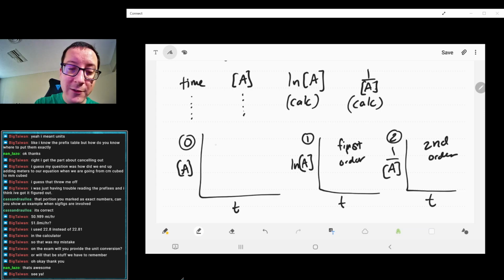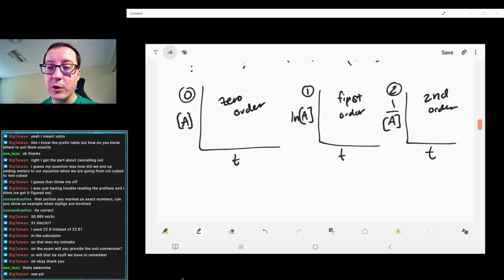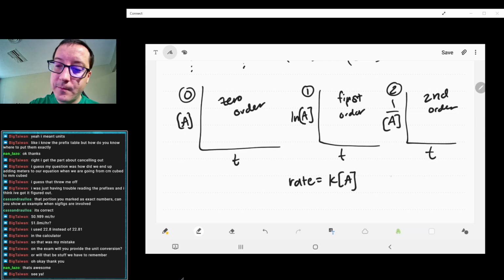And then one we haven't talked about yet is zero order, where there is not a concentration dependence in your reaction. So just remember that if you were to have these particular reactions, you would say that rate is k times A for a first order.